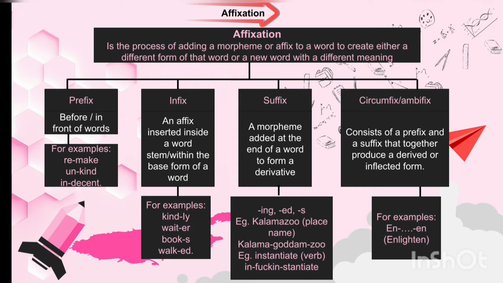And the third is suffix. Suffix is a morpheme added at the end of a word to form a derivative. For example, adding ing, at, and as. And the last is circumfix or ambifix.